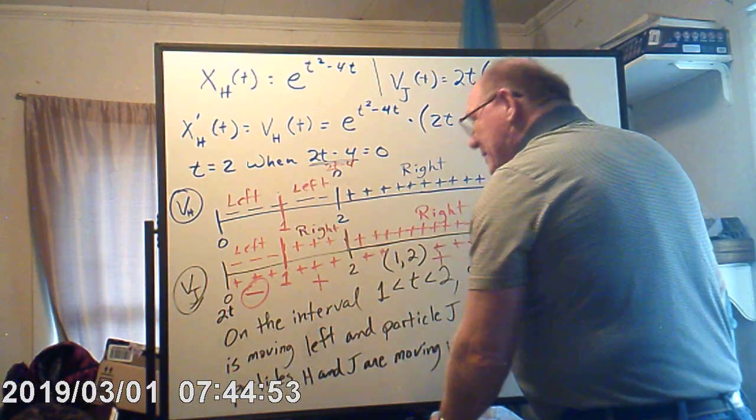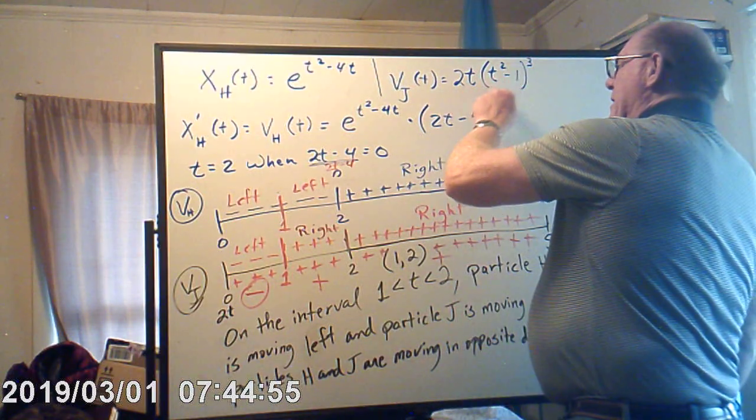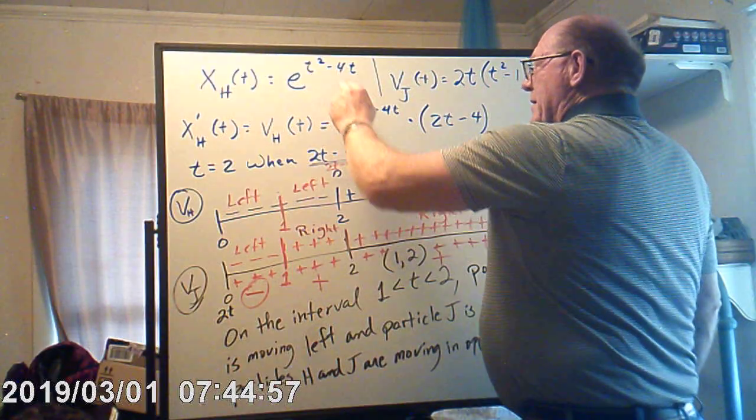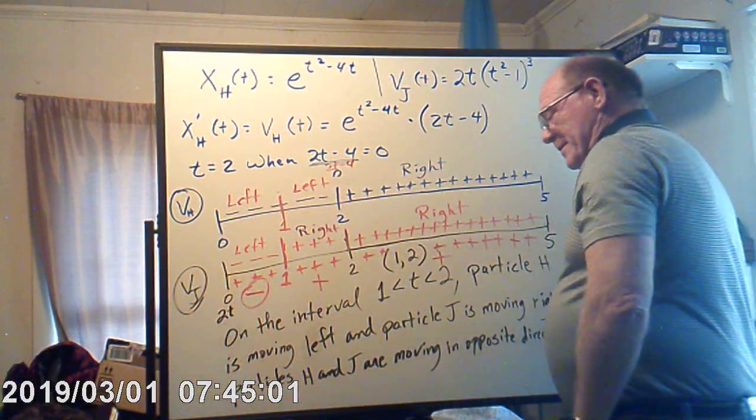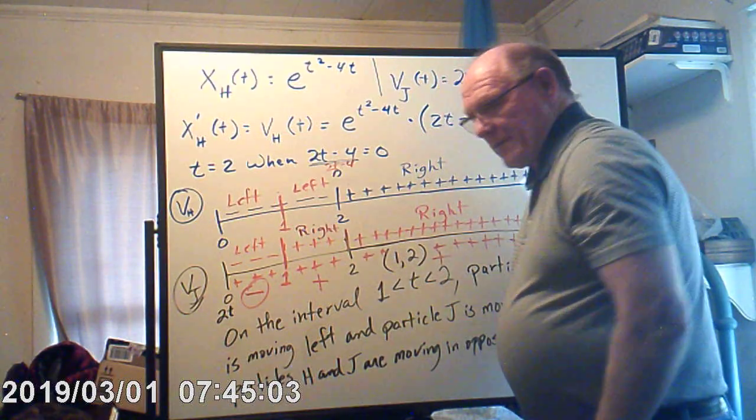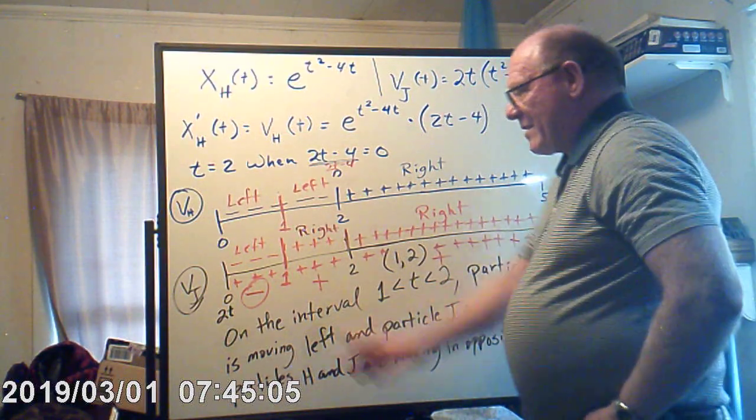So alright. This is all you're worried about here. And this part right here on this one. So that's it. A little bit of thought there. But it does help.